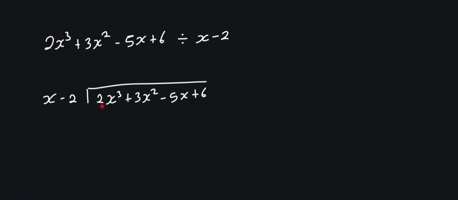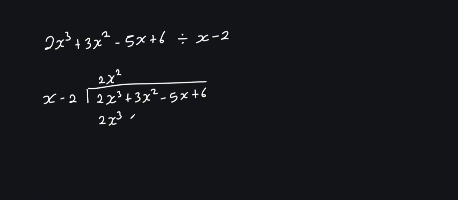So what do we get if we divided 2x cubed by x? We get 2x squared. And if you multiplied 2x squared by everything here, you get 2x cubed, that's 2x squared times x, then 2x squared times negative 2 would be negative 4x squared.